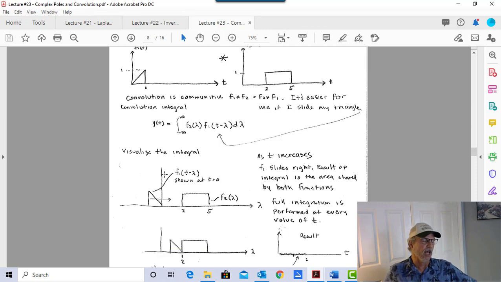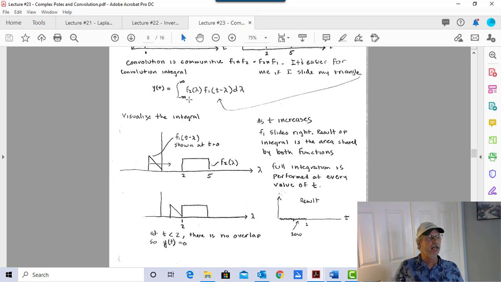So visualizing our integral, here we are at t equals 0. And at t equals 0, what I've done is, of course, I've just reflected this function around the vertical axis. So here it is. And so let's perform the integral.